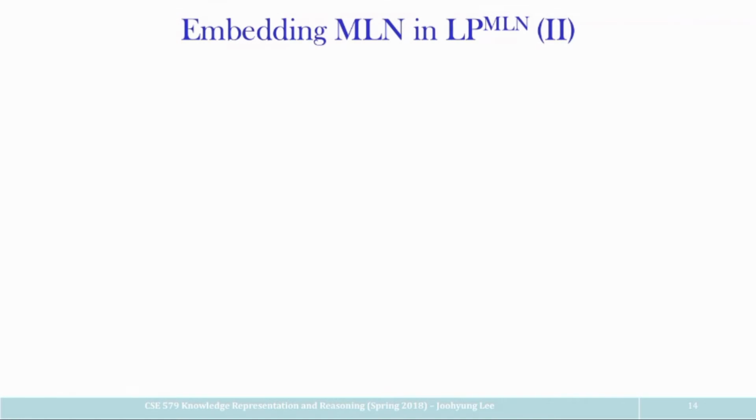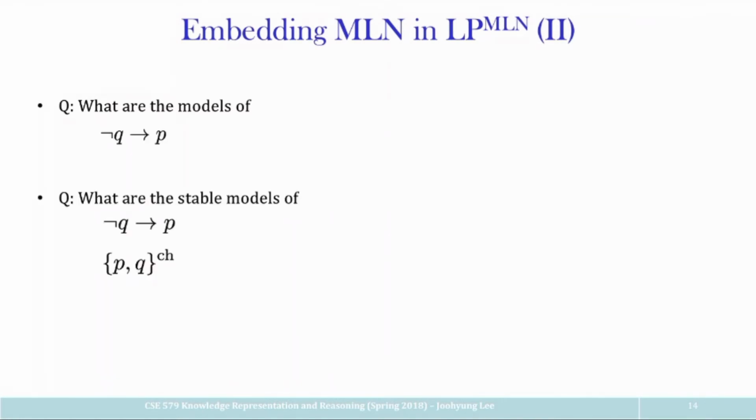So the same thing actually happens here. Why do I have a second example? Okay, let's just work on this. So what are the models of this? The first one, not Q implies P. What are the models?